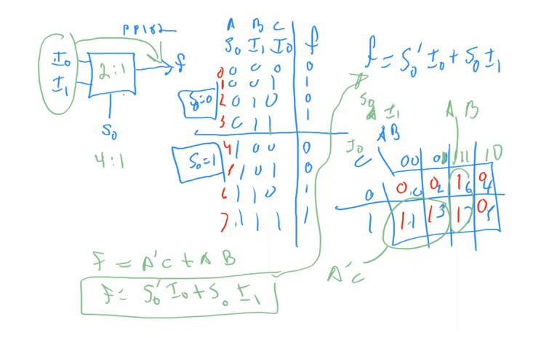So what we'll do is run it like this. Input 0 through input 3. We'll call this a 4-to-1.